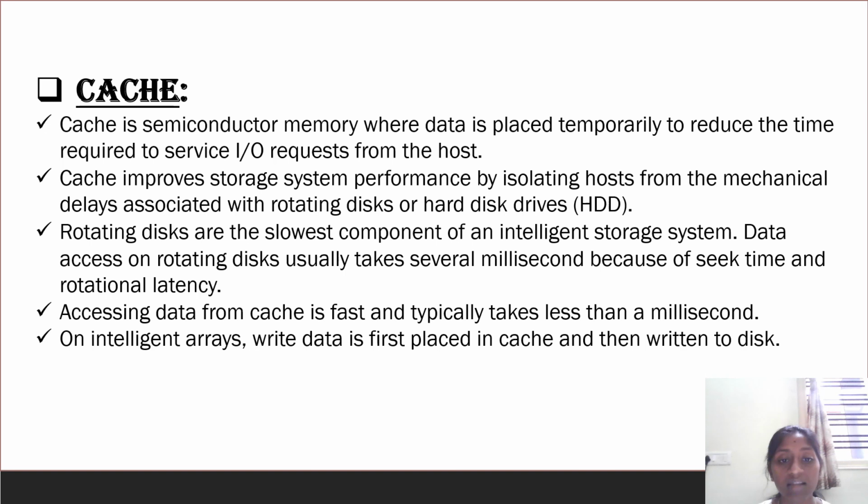Rotating disks are the slowest component of an intelligent storage system. Data access on rotating disks usually takes several milliseconds because of seek time and rotational latency. Accessing data from cache is fast, and it typically takes less than a millisecond. On intelligent arrays, write data is first placed in cache and then it is written to the disk.